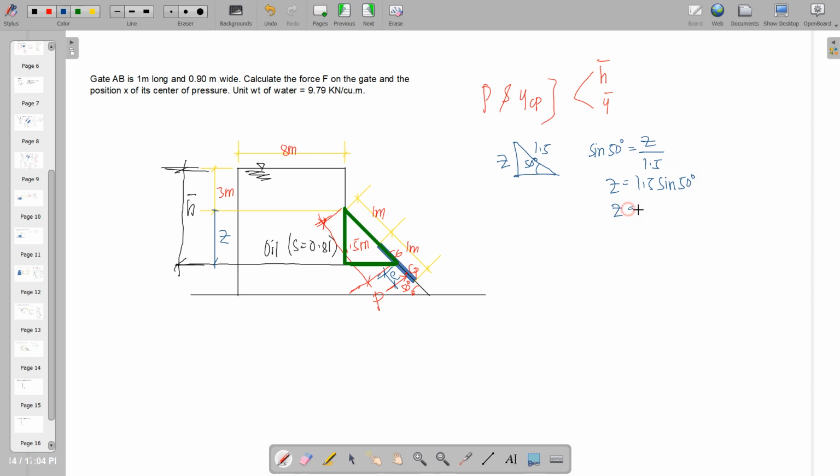So therefore, Z will be equal to 1.15 meters. Knowing that this is 1.15 meters, H bar will just be equal to 3 plus Z. So H bar is 3 plus 1.15. Therefore, H bar is equal to 4.15 meters.